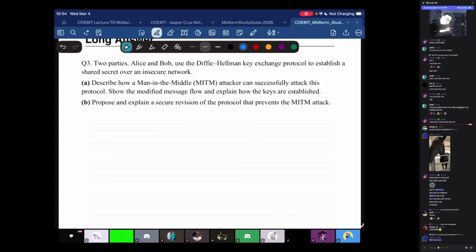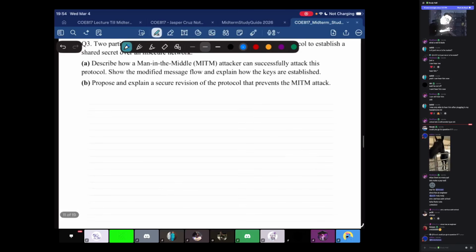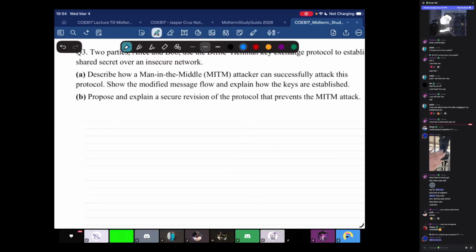So if in this case a man-in-the-middle exists during the secret creation phase, we can demonstrate this in a simple way. So we have Alice. We have, let's call this person in the middle Drew, and we have Bob.